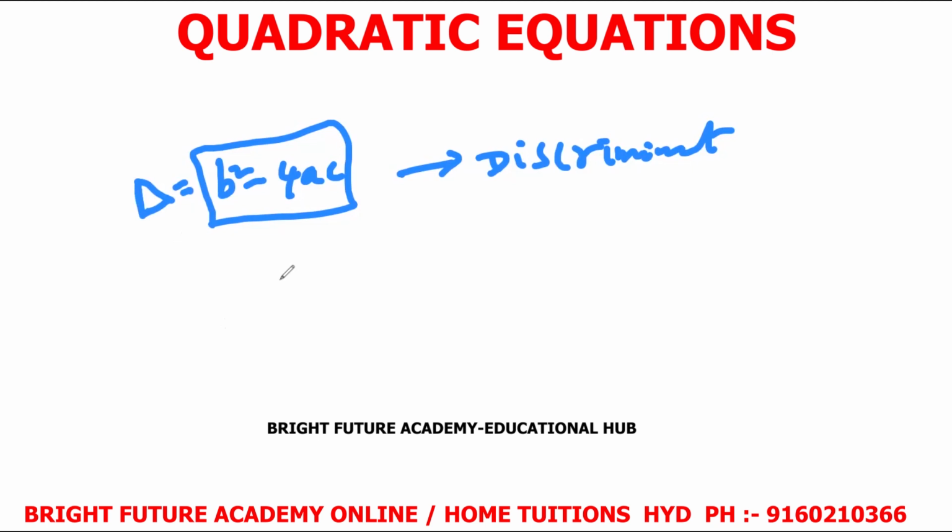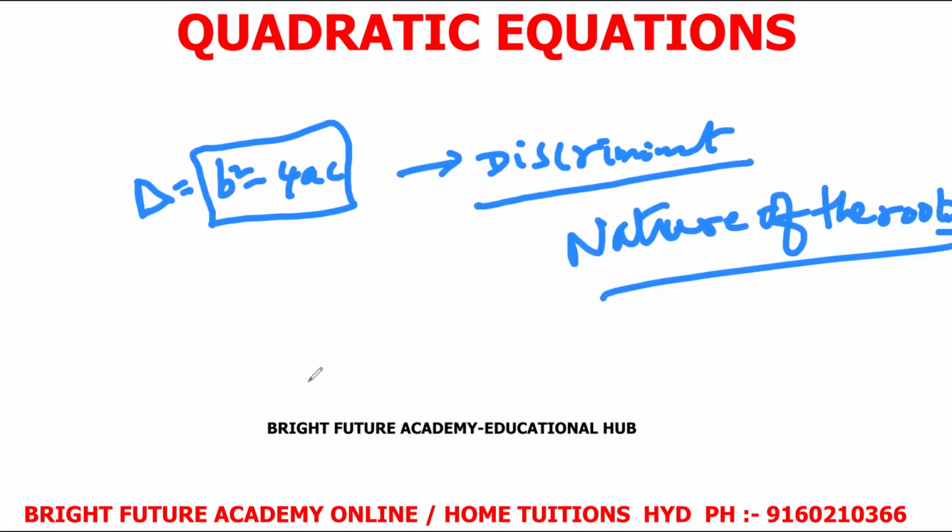So here three criteria are there. Based on the discriminant, we can determine the nature of the roots. Am I right? How many kinds of nature of the roots do we have? Three. What's the first one? If delta is greater than 0, then the roots are real and distinct. Very good.